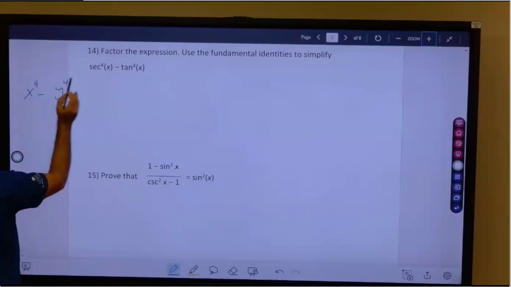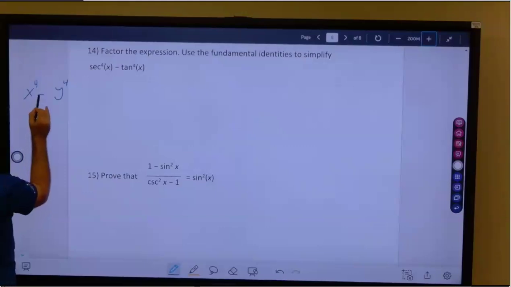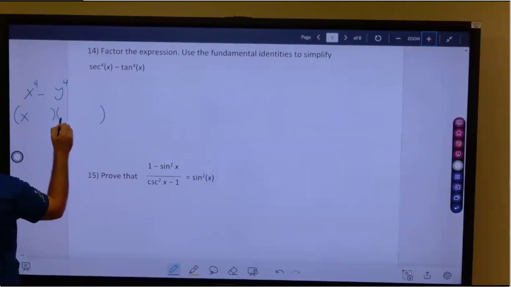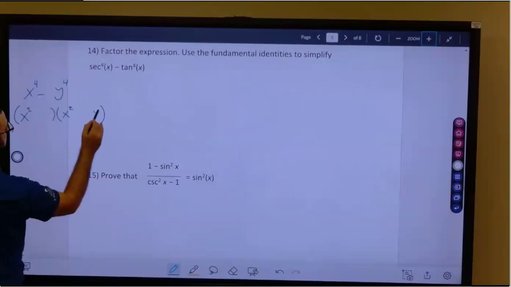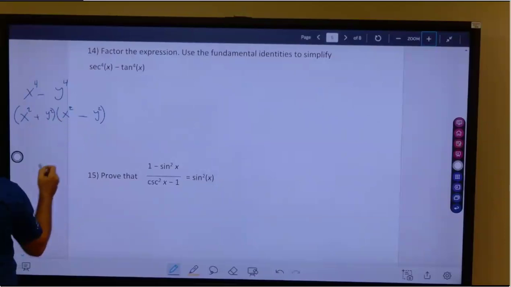If I assume that the secant is x and the tangent is y, it's a difference between two squares. So to solve this one, you're gonna say x, open two parentheses, here is x squared and y squared, 1 plus, 1 minus.